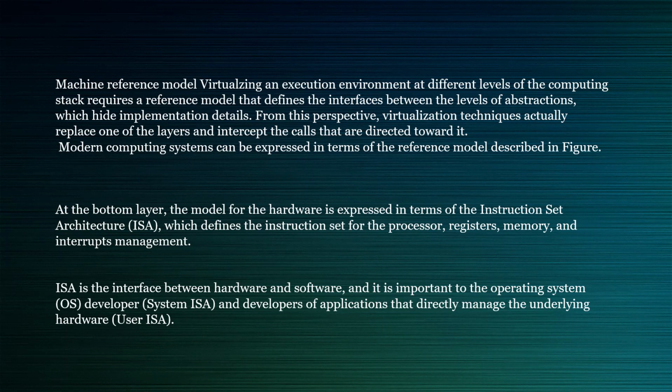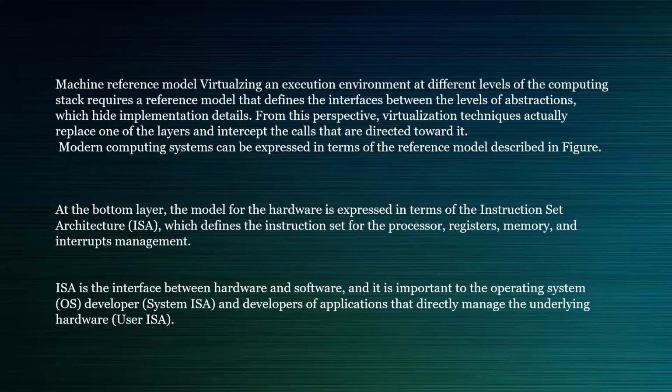They do not show how the implementation is done. They just show the abstraction, the basic outside environment of the models. From this perspective, virtualization techniques actually replace one of the layers and intercept the calls that are directed towards it. Modern computing systems can be expressed in terms of the reference model described in the figure.